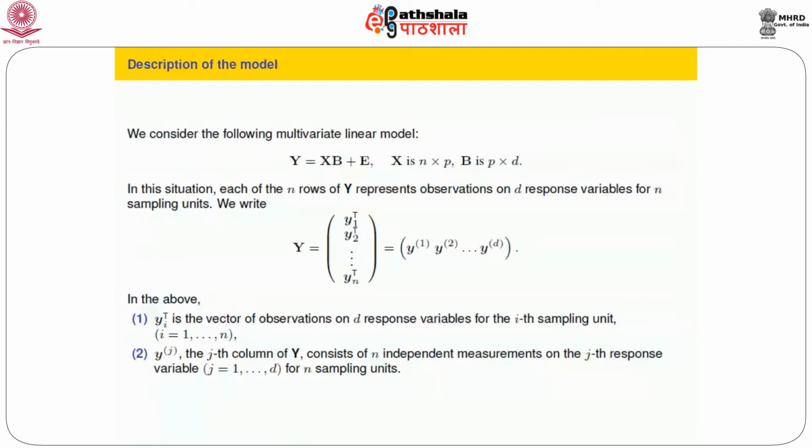The assumption about these rows is that each row, if you turn it into a column vector, will have expectation 0, dispersion sigma, and across rows they are uncorrelated. So exactly the same setup that we are working with.